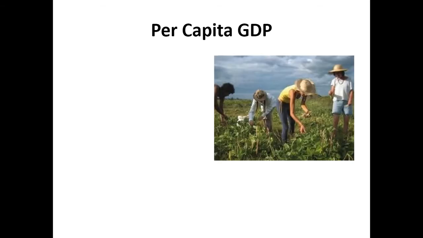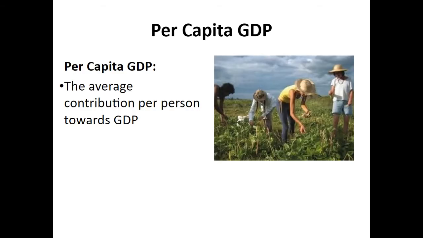On top of GDP, which measures the total output of the country, we have something called per capita GDP. This looks at the average contribution per person towards GDP. So how much does one person contribute toward the GDP, or how much value do they have as workers?